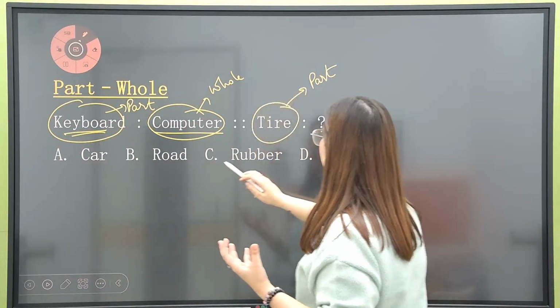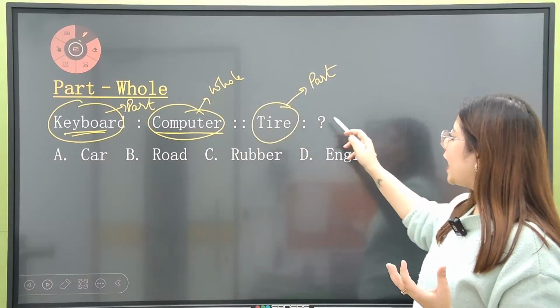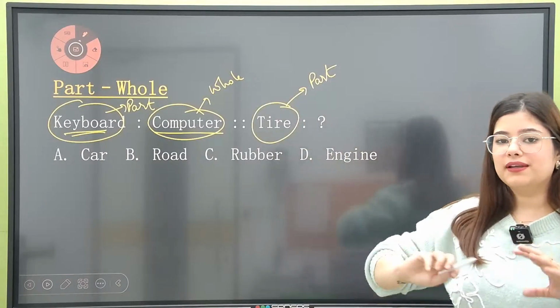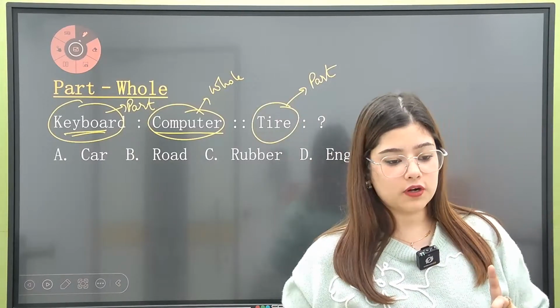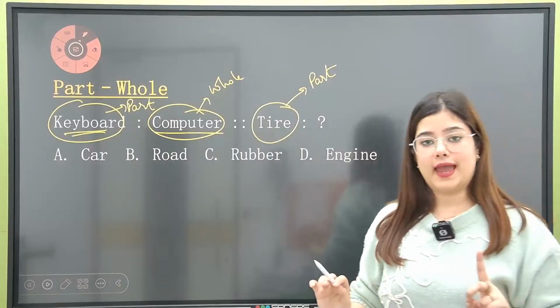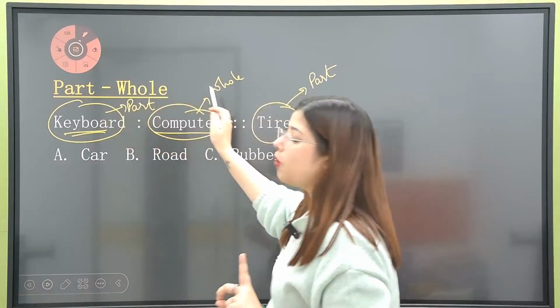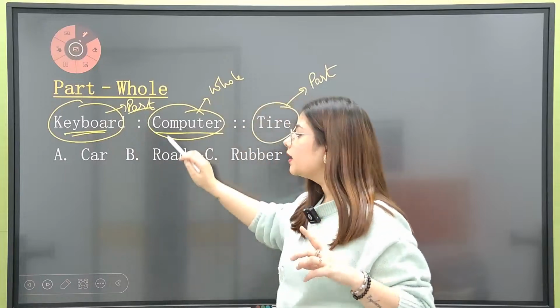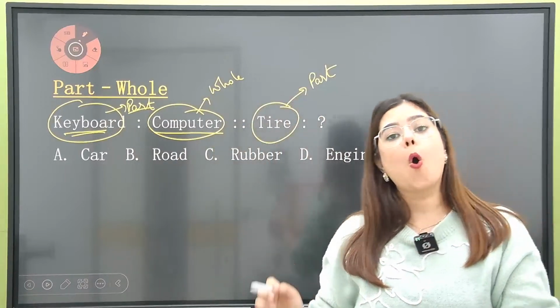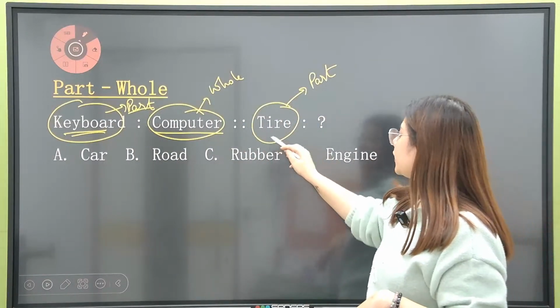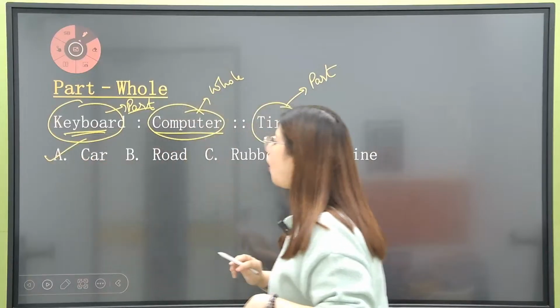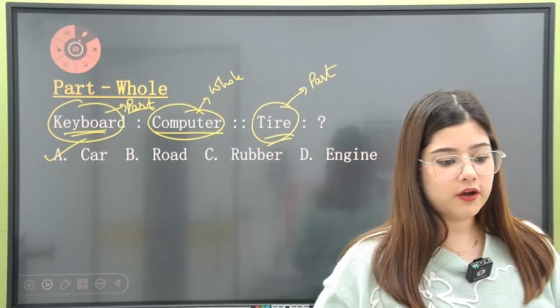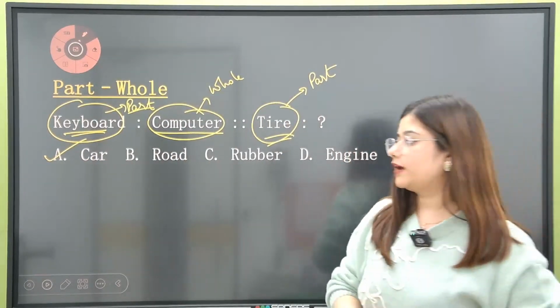Car, road, rubber, engine. Tire can be made of rubber, but that is not our concern here. That is not the relationship that we are looking at. We are looking at a part to whole relationship where the first word of the pair represents a part, the second word represents the whole entity. So tire would be a part of car. So here, car would be the correct option.